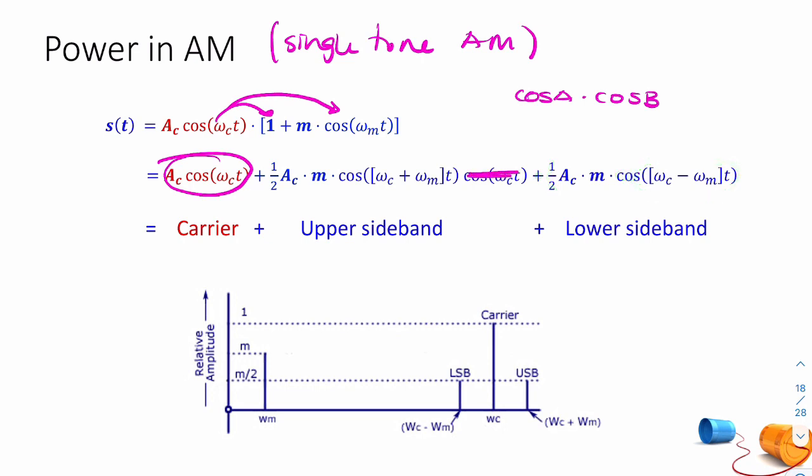So here you have half cosine of the sum and half cosine of the difference. So omega c plus omega m, omega c minus omega m. And if you think of how that would look in the frequency domain, then your carrier term is this term here. Omega c minus omega m is your lower sideband. And omega c plus omega m is your upper sideband.